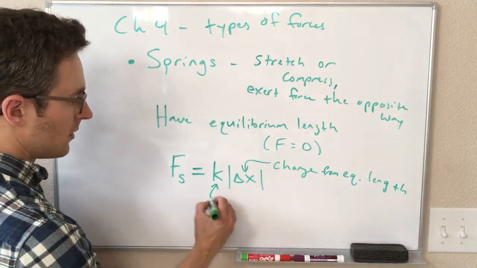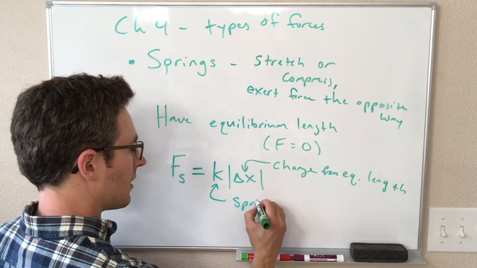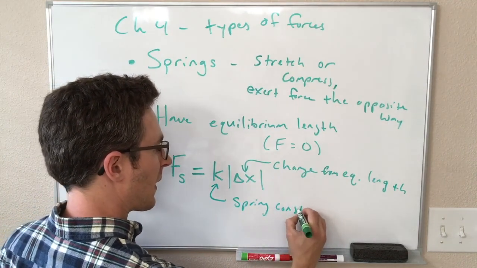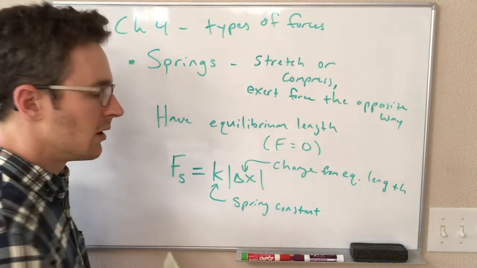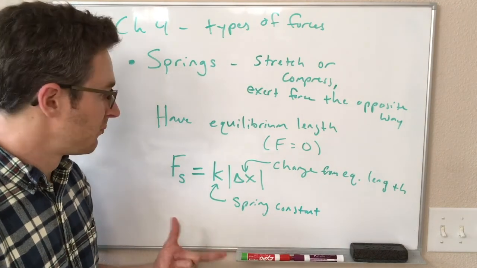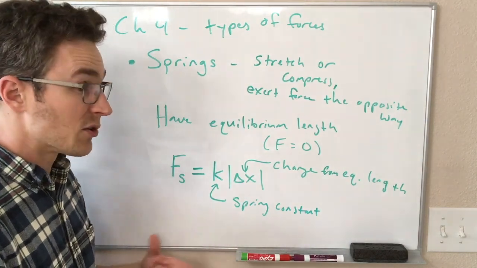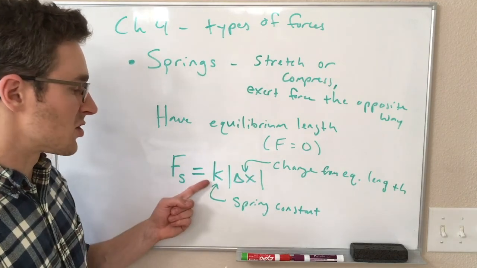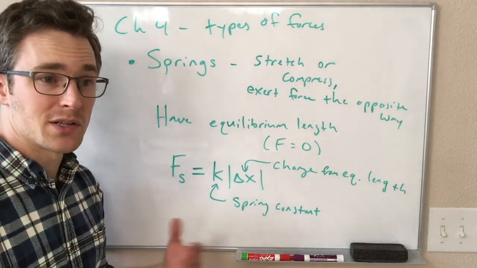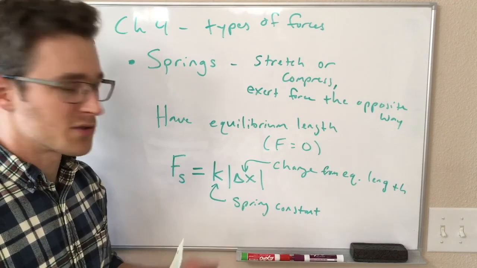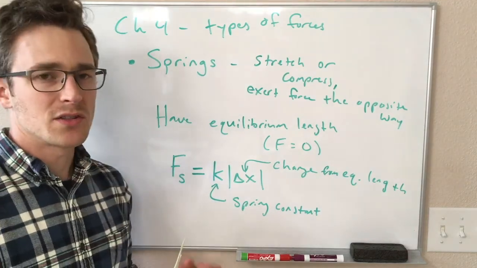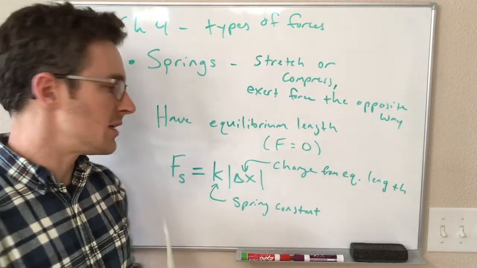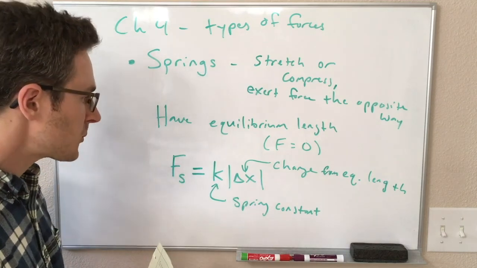This K is the spring constant. So this is a property of a particular spring, and it tells us how stiff or how soft the spring is. So big values of the spring constant are going to be stiff springs that are hard to compress or stretch. Small values of the spring constant are softer springs that are easy to stretch and compress.